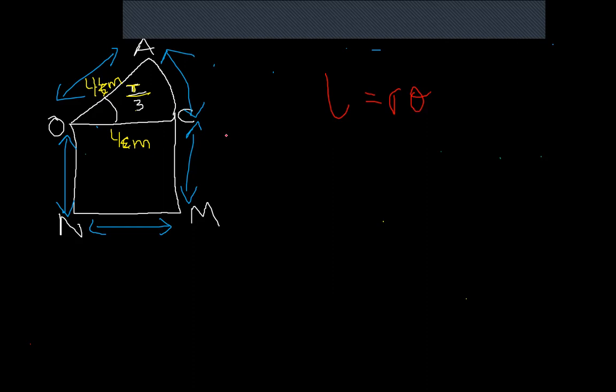We are given theta, we are given R. So all I have to do is substitute my values. R is 4 meters, so I'll put the 4 here. Theta is pi on 3. What's the value? Anybody?